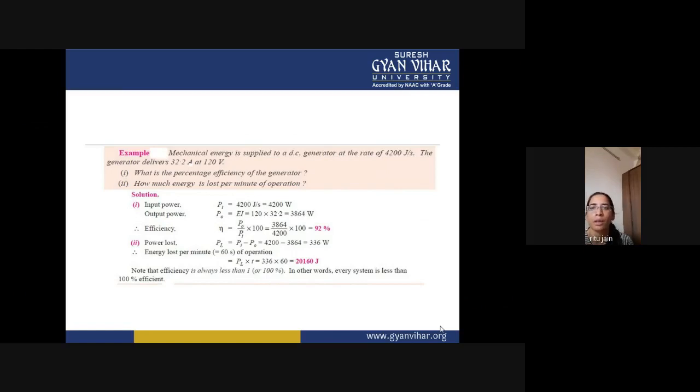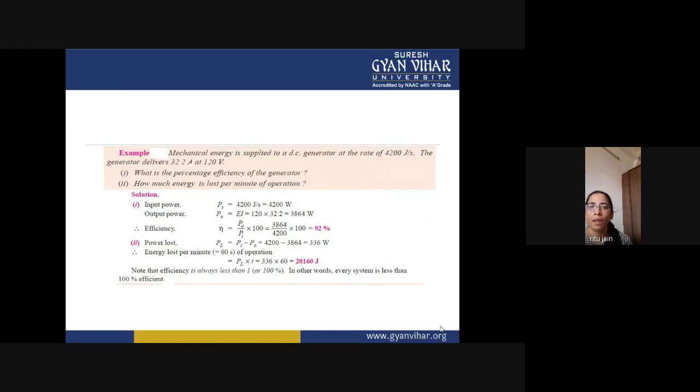So the mechanical energy supplied to the DC generator is 4200 joule per second, and the generator is generating 120 volt and a current of 32.2 amperes. What is the percentage efficiency of the generator, and how much energy is lost per minute of operation?